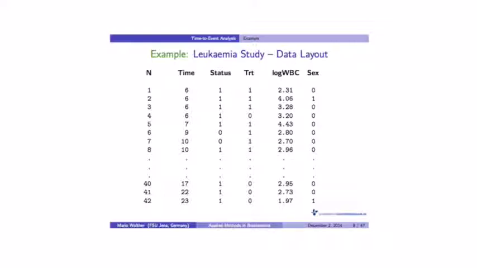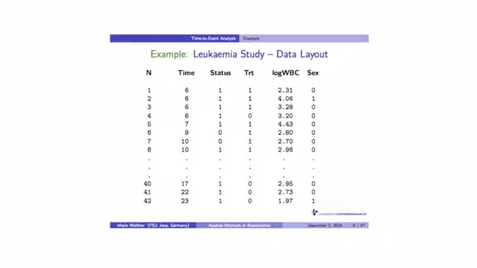The second column gives you the information concerning the occurrence of the event of interest. In this case, whether the patient remained in remission or relapsed. The event of interest in this example was that the patient relapsed, which is coded with 1. If the patient remained in remission, then the status was assigned a 0.